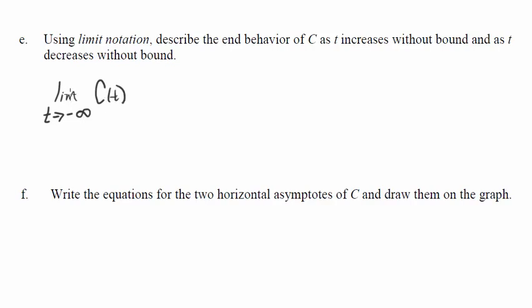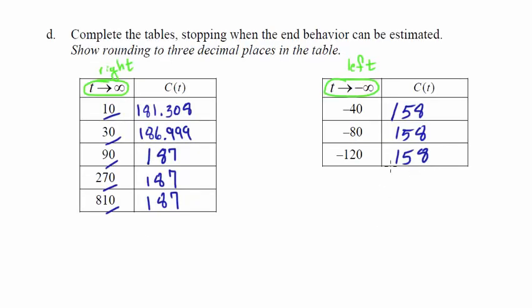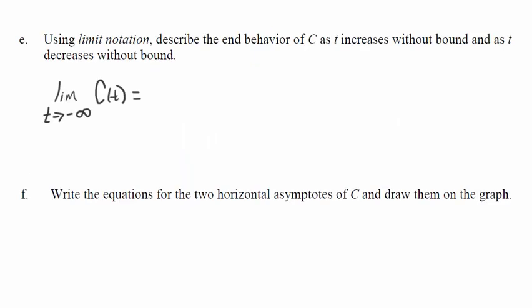So this is read, the limit as t approaches negative infinity of c of t equals, well, that was when we went to the left. Now when we went to the left, we remember that we got really close to 158. So this value is going to be 158.